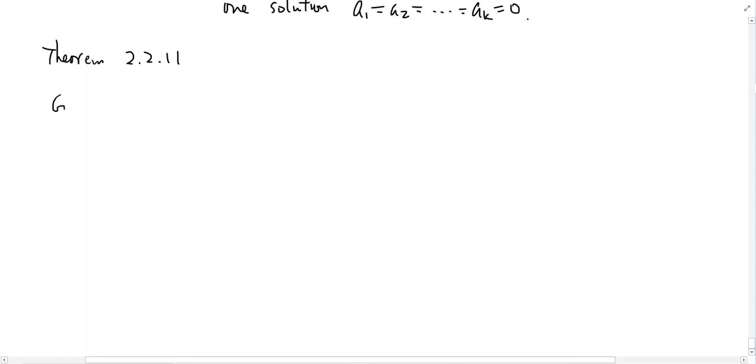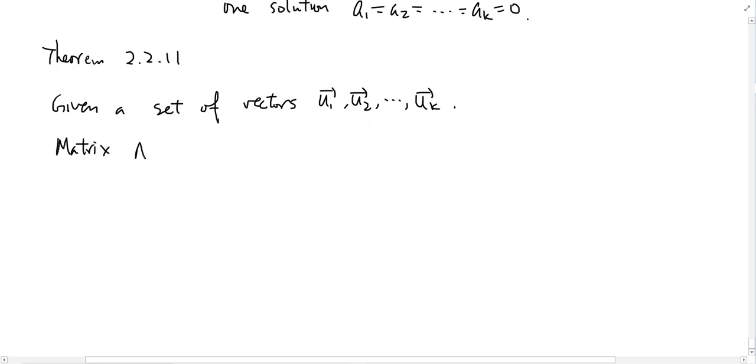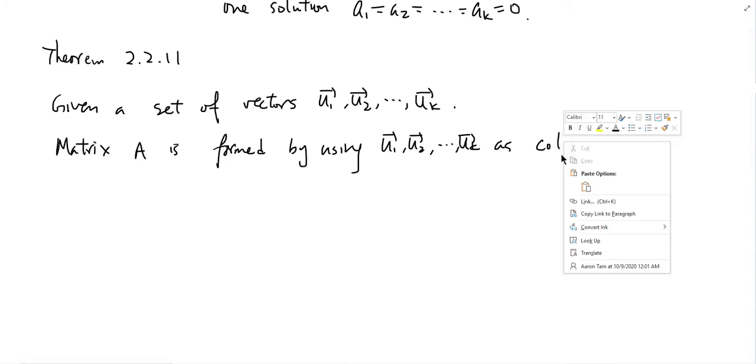Given a set of vectors u1, u2, to uk, let's say we form a matrix A. Matrix A is formed by using vector u1, vector u2, to vector uk as columns. So very important, we're basically using them as columns.